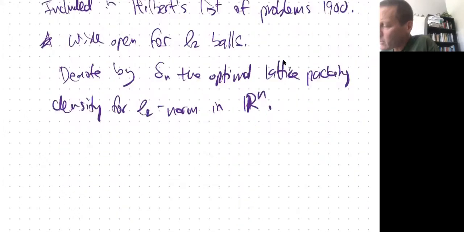And so there's a bound 1 over 2 to the n, which we're going to prove.